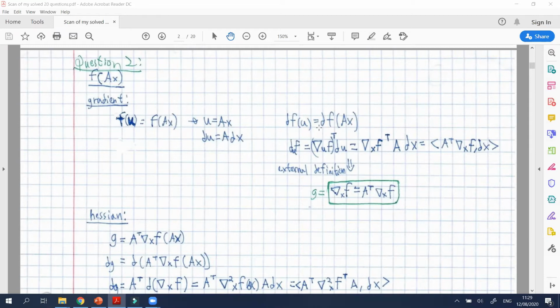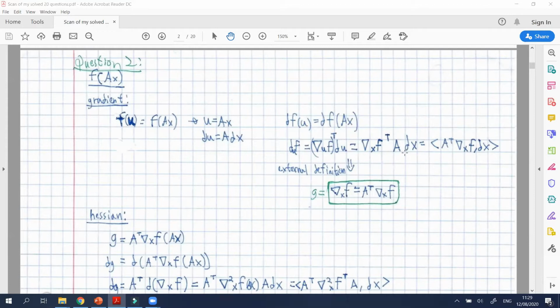So the differential with respect to u of f would be the gradient with respect to u of f transpose times du. And that would be, if we replace our variable, we want the gradient with respect to x, we just replace the du, a small movement in u, as we've seen. So du, which is A dx, you just replace it, A dx.